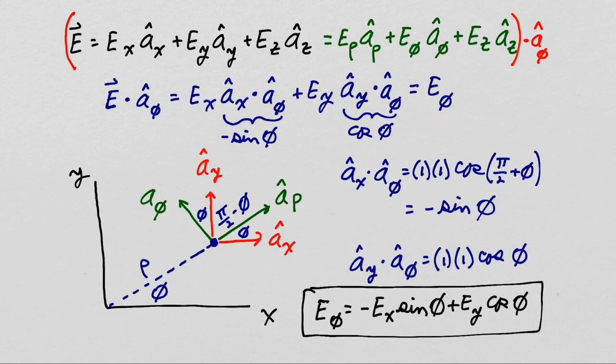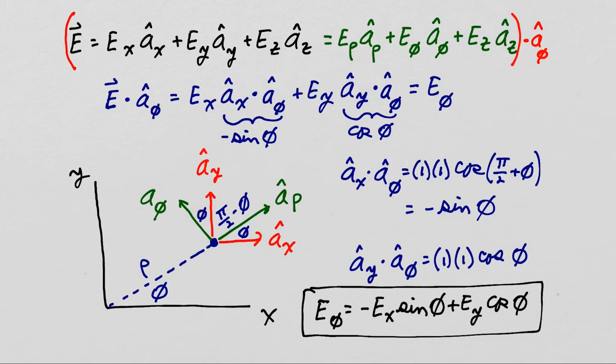So again, here is some arbitrary point and the corresponding unit vectors in the Cartesian and the cylindrical coordinate systems. The point is at rho, phi, so this angle is phi, this angle is pi over 2 minus phi, because the unit vectors in the x and the y directions are at right angles, and since the unit vectors in the phi and the rho directions are at right angles, this angle is phi.